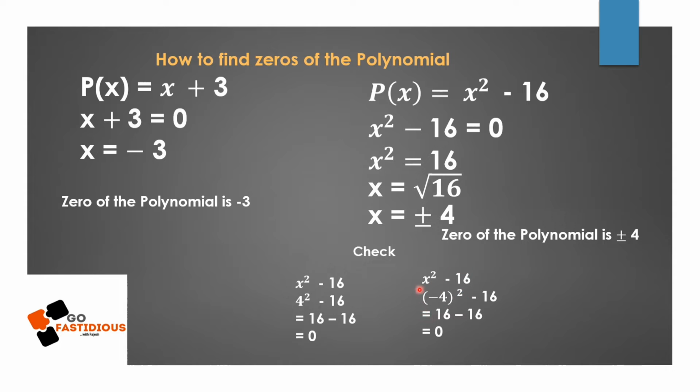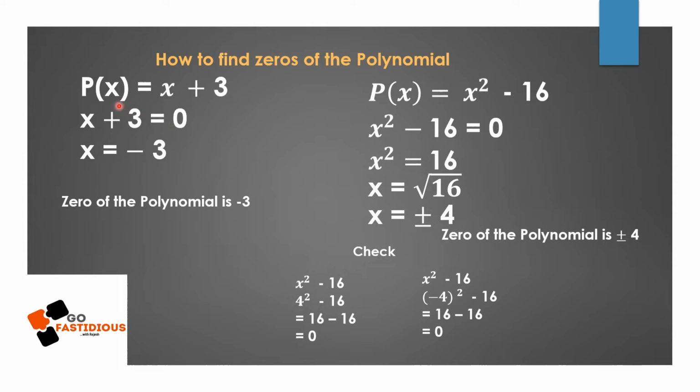So I will put here minus 4 in place of x. So minus 4 square is 16, minus 16 is equal to 0. It means that whatever zeros of polynomial we have found here, it is correct. So in this case, zeros of the polynomial are plus and minus 4.